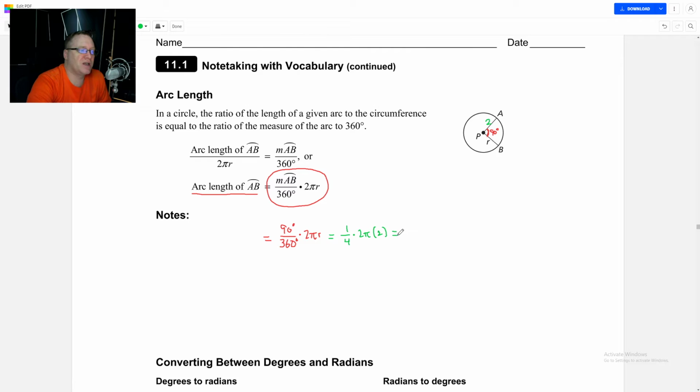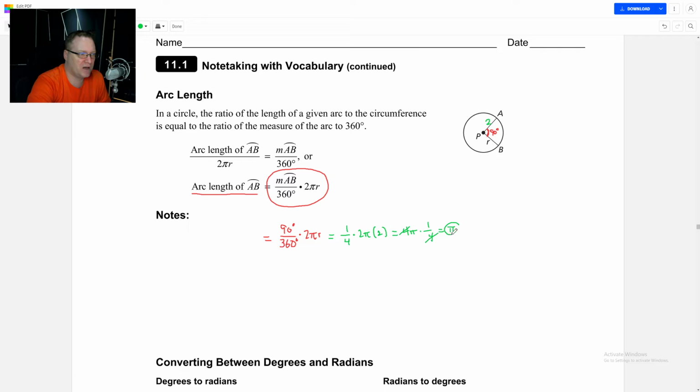That is 2 times pi times 2, which is 4 pi, and we want to multiply that by 1 over 4. Well, these 4s are going to just cancel out.